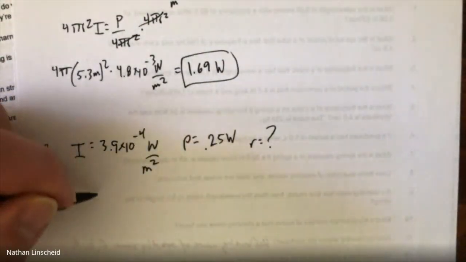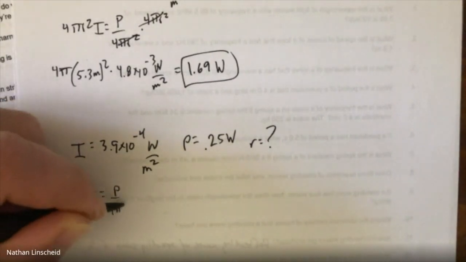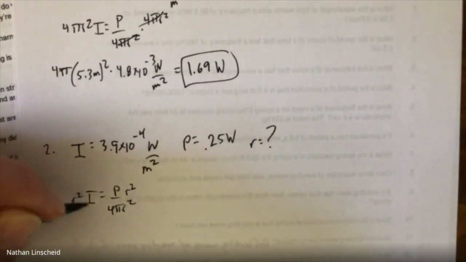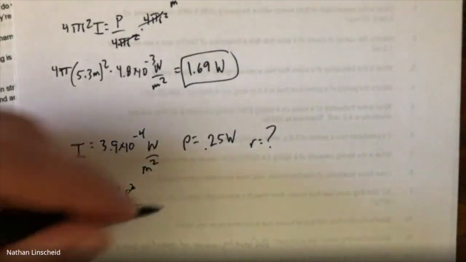Okay, so get our equation out again. I equals P over 4 pi r squared. We want to solve for r. So I'm going to multiply both sides by r squared, and I'm going to divide both sides by I. Let me rewrite this.